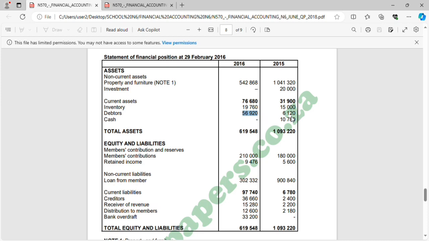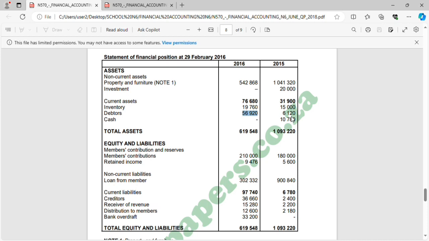So this tells us that the debtors control amount increased from 6,120 to 56,920, but we are going to find the difference in order to determine the changes in debtors. To find the difference, we take the current amount, the bigger amount, and less the smaller amount. So 56,920, we're going to less it with 6,120 to get the difference.